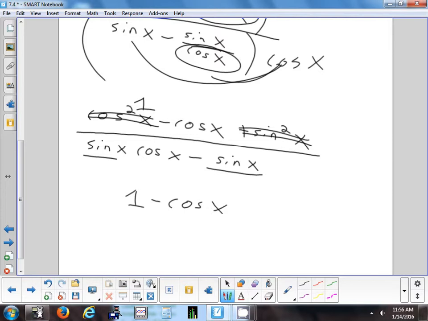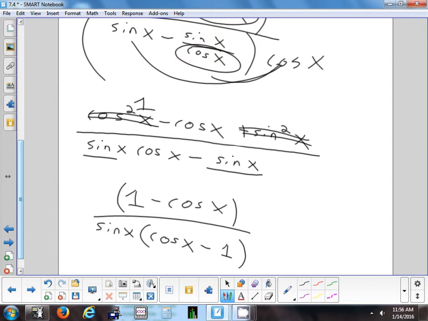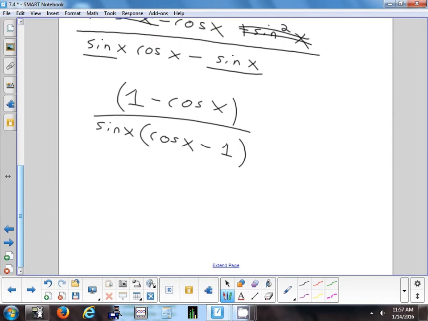Okay? So watch what's going to happen here. 1 minus cosine x divided by, what if you factor sine out from the first part? You get cosine x minus 1. Now, these two things almost cancel each other, 1 minus cosine, cosine minus 1, except they're opposites.